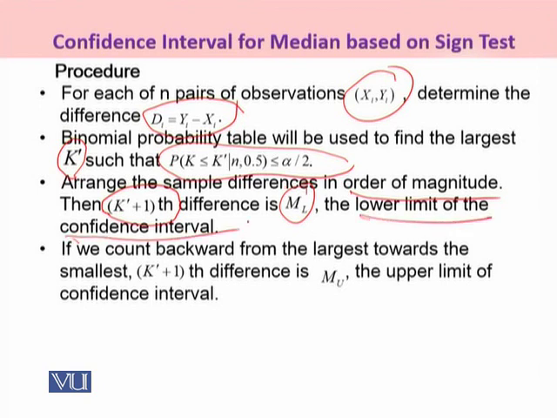If we count backward from the largest towards the smallest, then the (k′ + 1)th difference is called MU, that means the upper limit of the confidence interval. Once we find ML and MU, we expect with a certain degree of confidence that our unknown value of the population parameter lies within this interval.